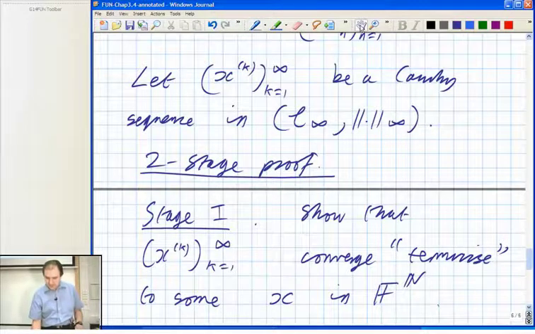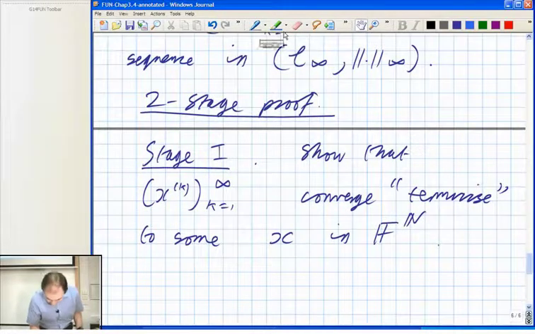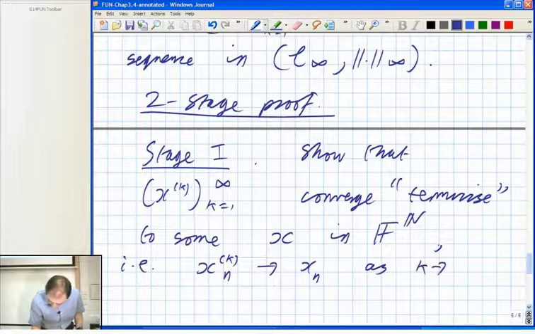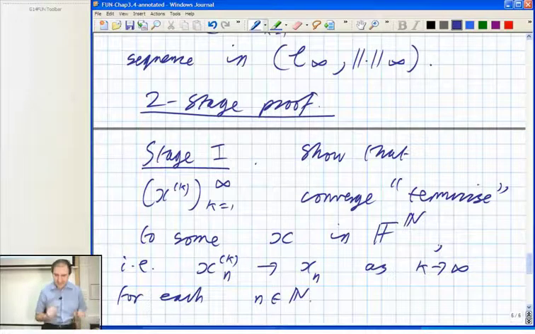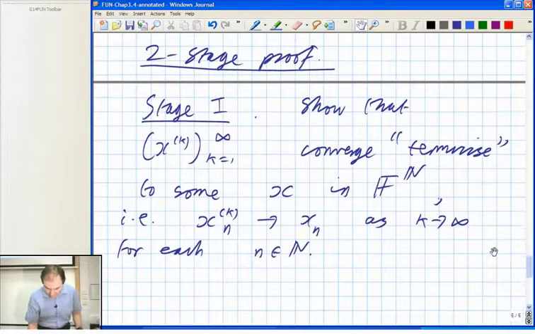But by this we mean x^(k)_n will tend to x_n as k tends to infinity for each n in the natural numbers. So you get one sequence for every term. And here, as usual, we're using the usual notation as above.